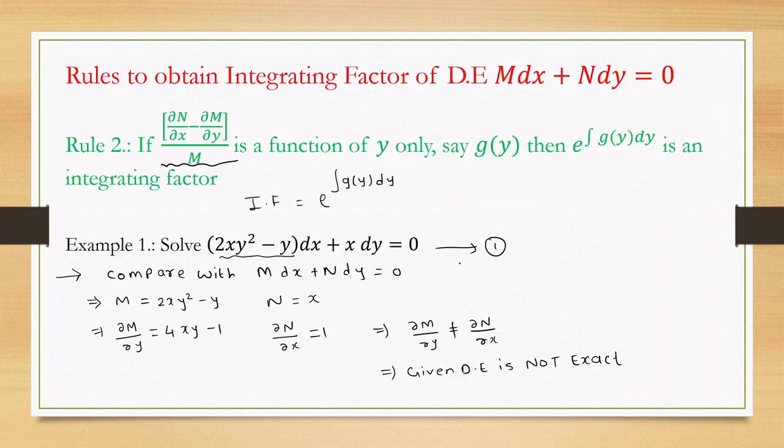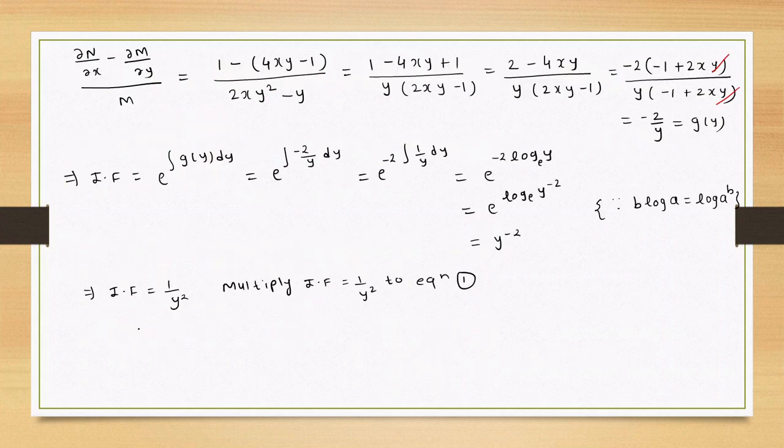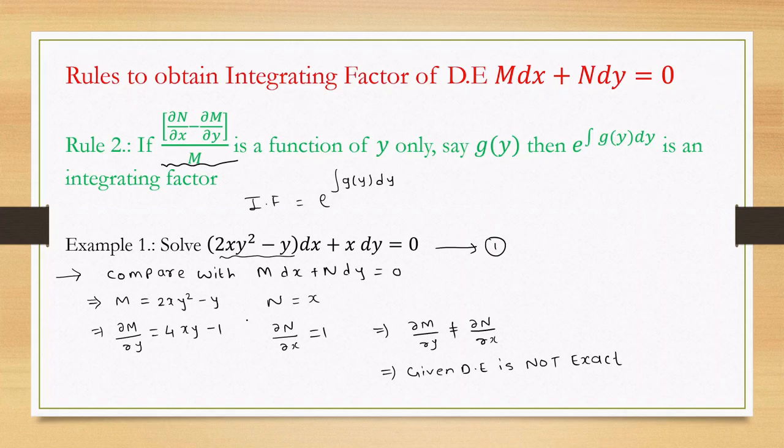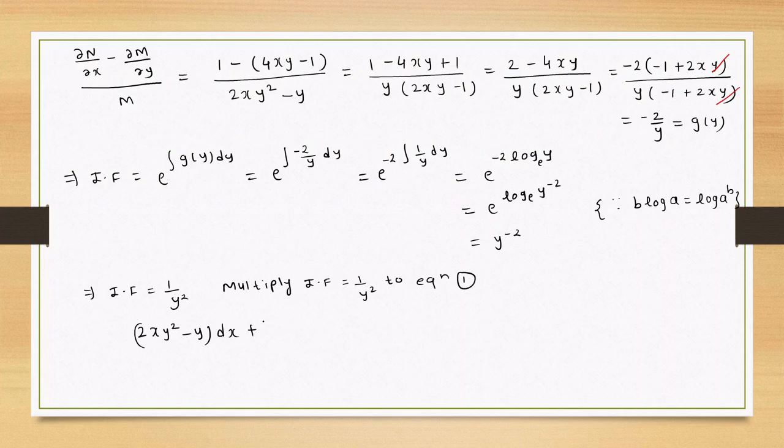So what is the equation number 1? 2xy square minus y dx plus x dy is equals to 0.